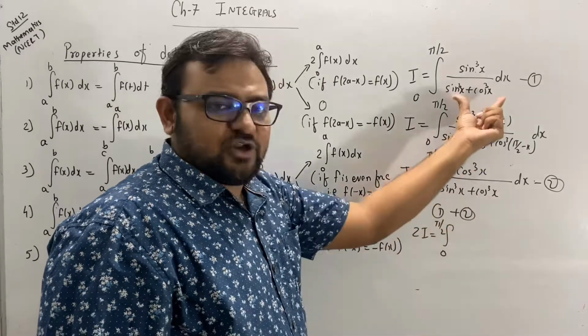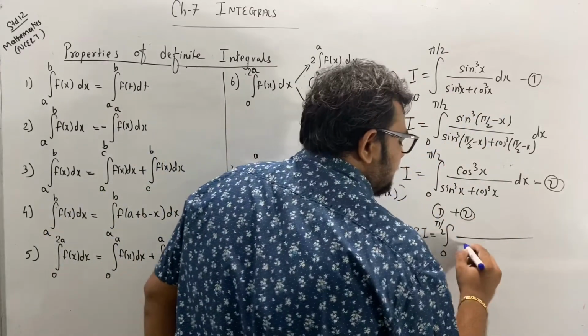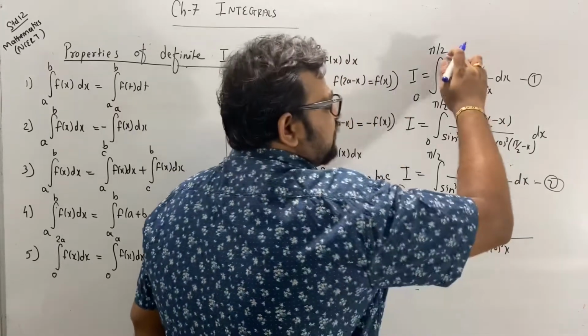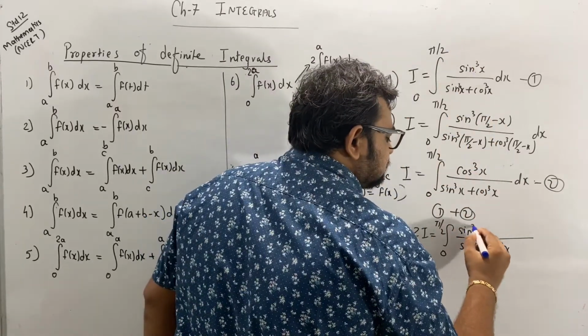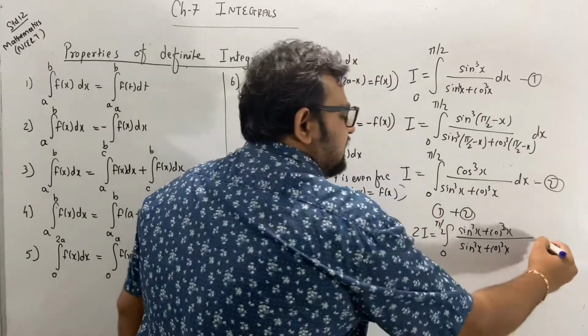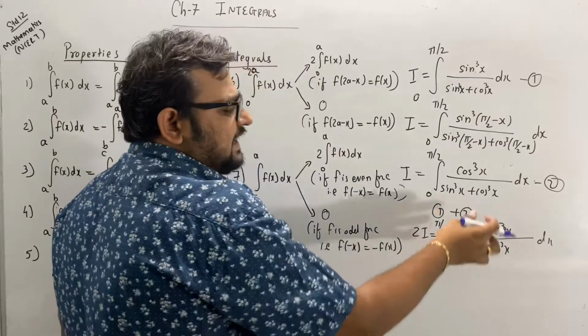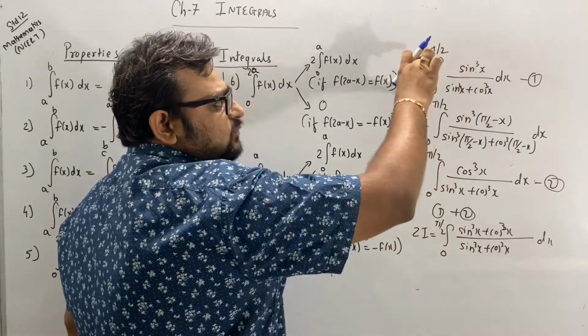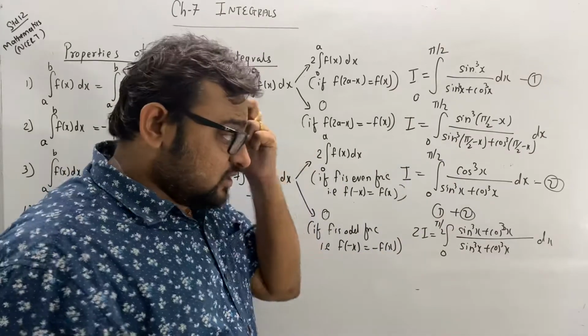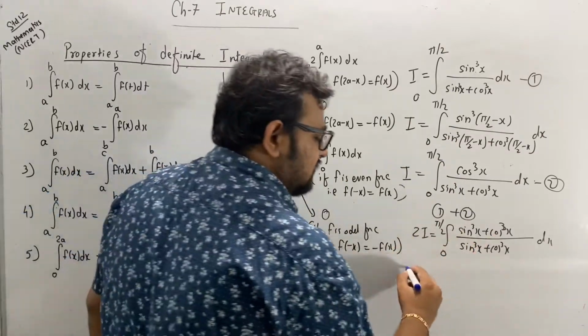So both have the same denominator, so it will be sin cube x plus cos cube x upon sin cube x plus cos cube x, dx. But remember, I can add these both only if both have the same lower and upper limit. See, 0 to pi by 2, 0 to pi by 2. Clear? So now this is equal to 1.